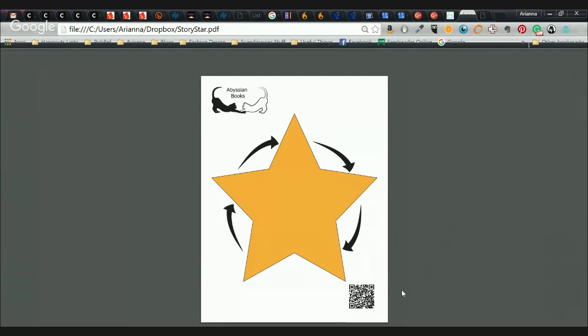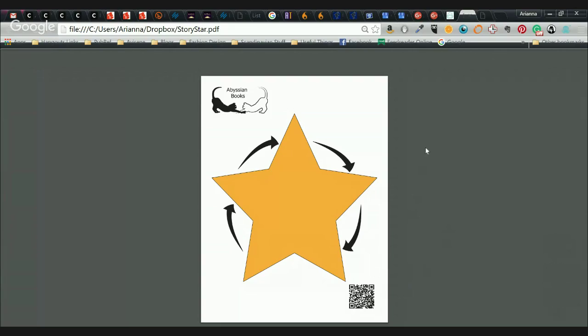I find it much more efficient to do the structural editing before I've written my first draft, because that reduces the amount of rewriting I need to do. So I start out with a storyboard, and I'll explain a little bit about how I do my storyboard in a minute.